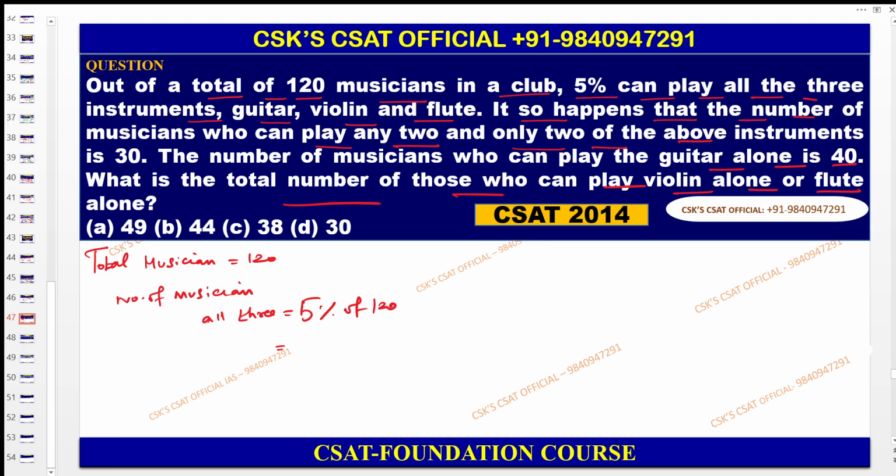You know what is 5%? 5 by 100 into 120. So you can cancel here, right? Then 0 0 you can cancel. Overall you will get 6.